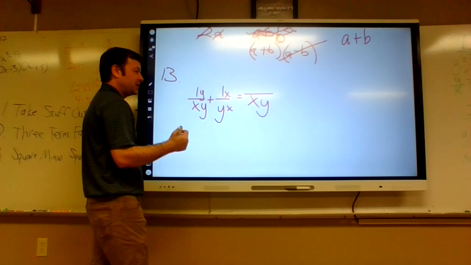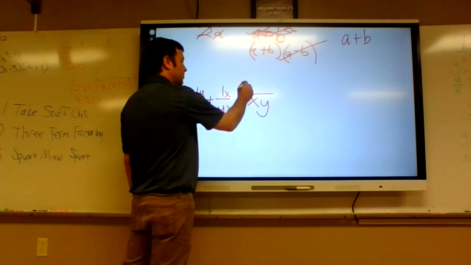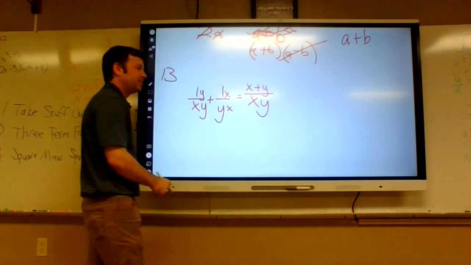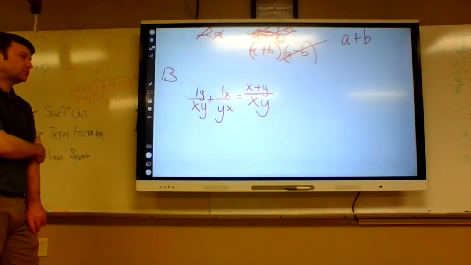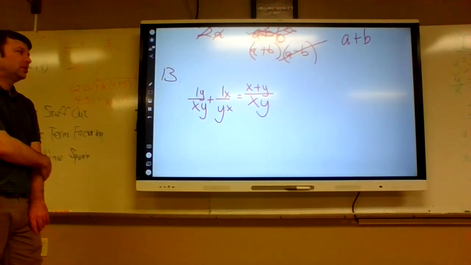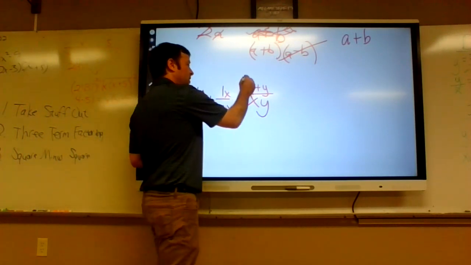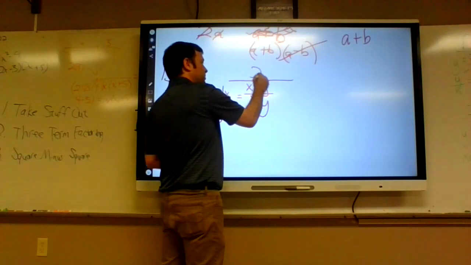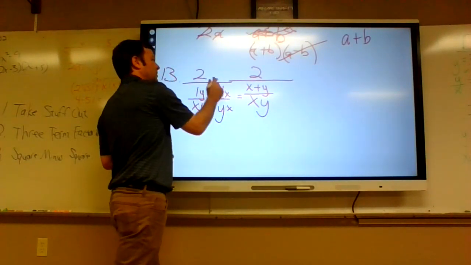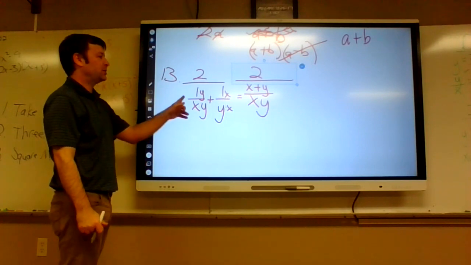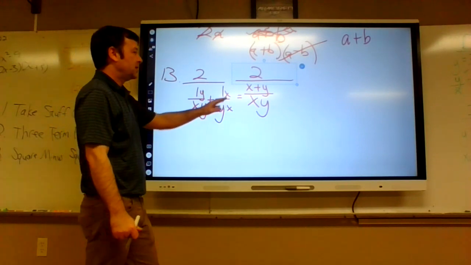The book likes alphabetical order, so they probably put x plus y, but y plus x is fine. That is just the denominator. What I left out was there was a 2 up here.